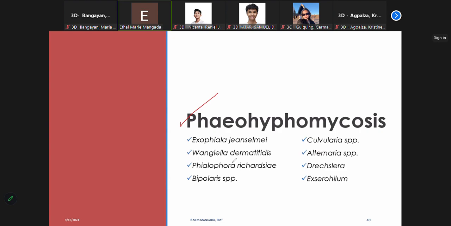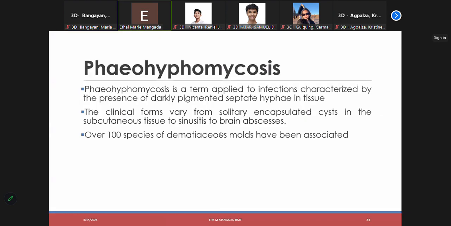Ang tawag sa infection na kinukos nila ay phaeohyphomycosis. Okay? So just like yung ating chromoblastomycosis kanina, these are exogenous. Okay? They normally exist sa ating environment or sa nature po natin. Okay? So your phaeohyphomycosis is characterized by darkly pigmented septate hyphae.